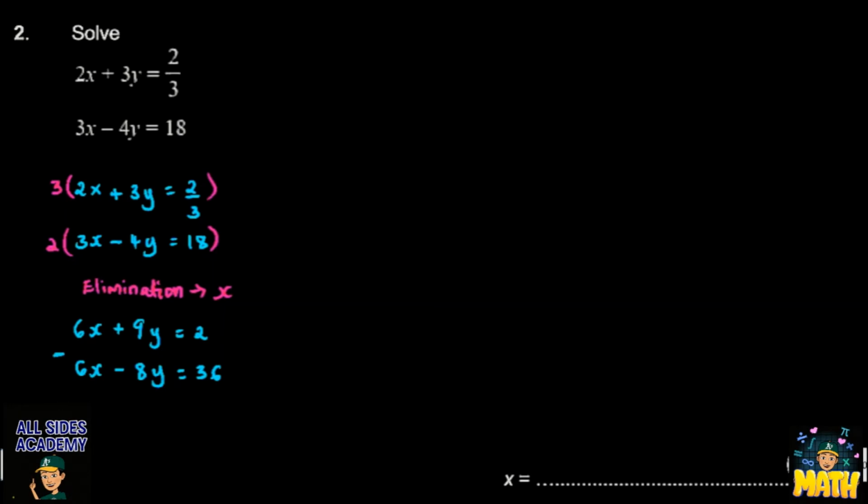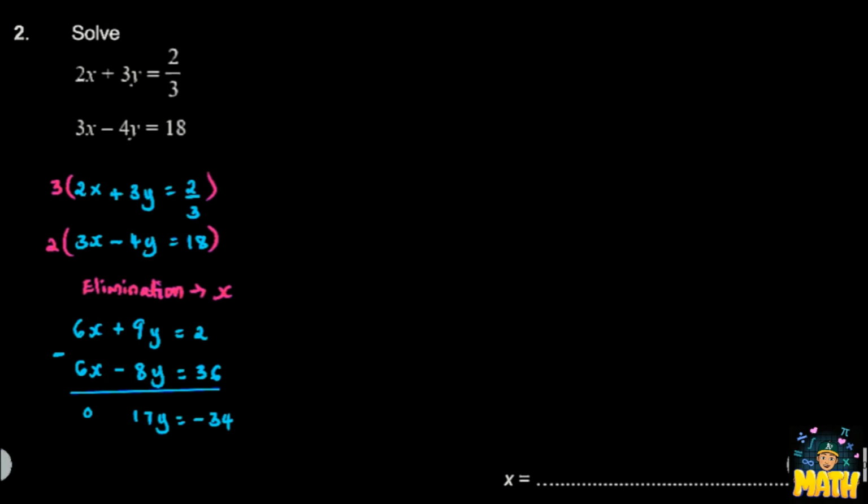Subtraction, because we are eliminating the x. So when we do that, we remain with 0 on one side. And then this is 9y minus negative 8y. So when the two are subtracted, we get positive 17y, which is equal to negative 34.